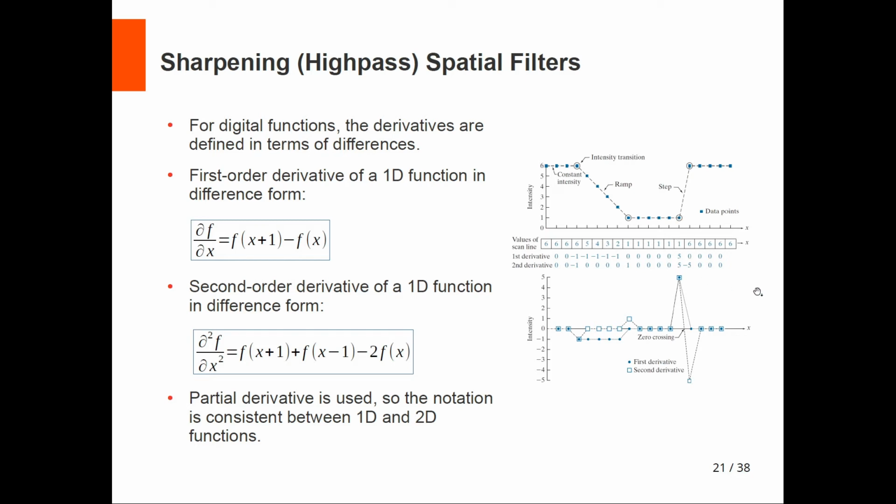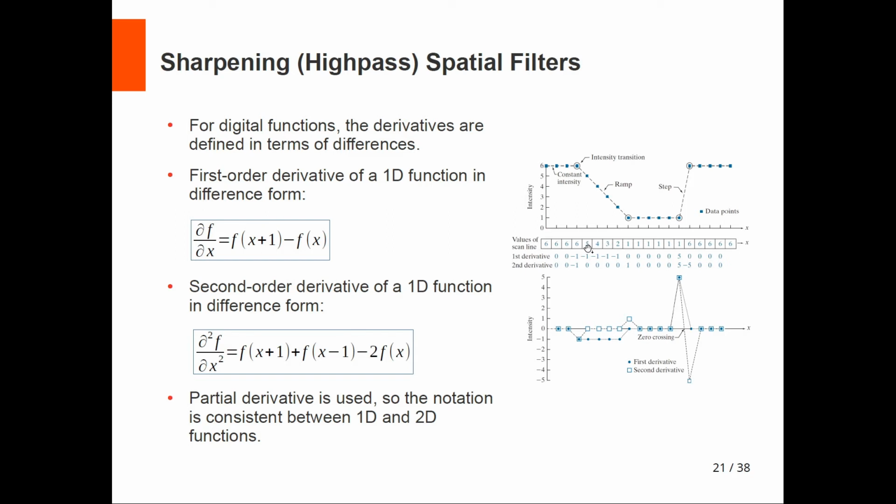So let's just see how these two first and second derivatives can be applied. So the values of this one-dimensional image are mentioned here. So for the first derivative, as said, for any pixel, we get the value for the pixel to its right, and then we subtract the value at that exact pixel.